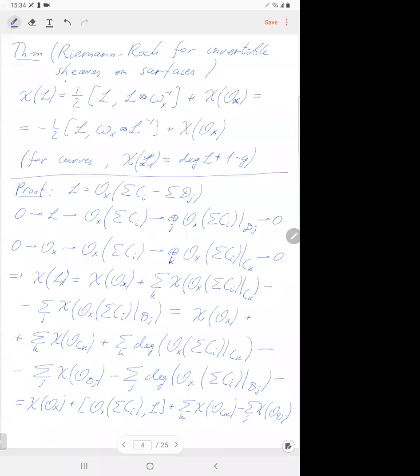Okay, so now we have this sum of four terms, and we have to recombine it somehow. Well, maybe let me copy this on the next page. Sorry about this. I will just copy this on the next page.